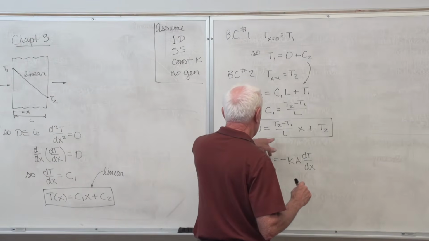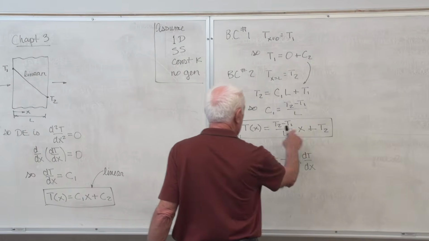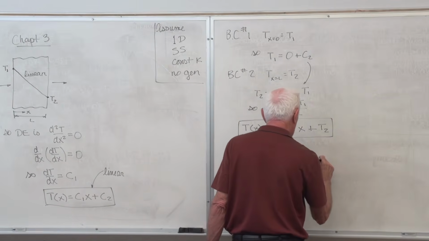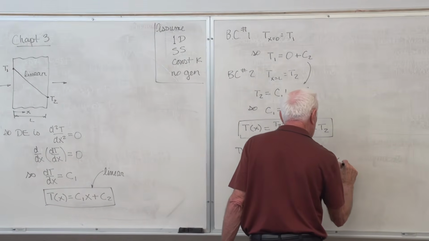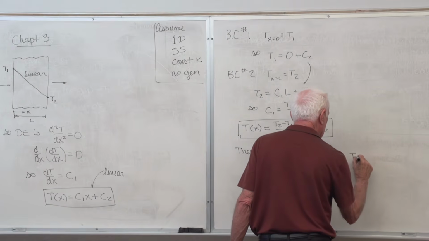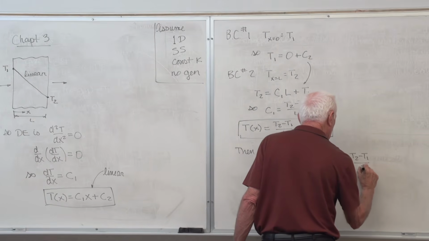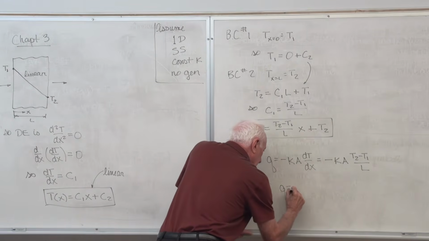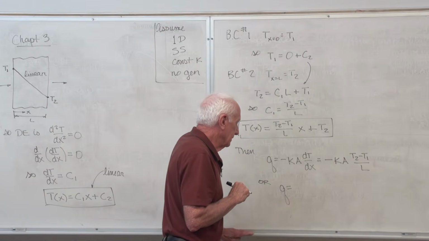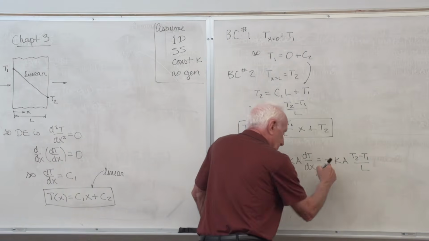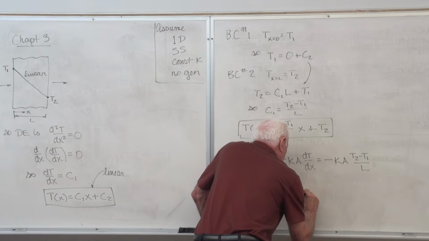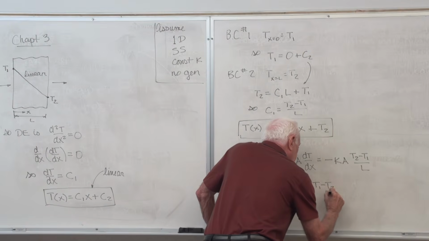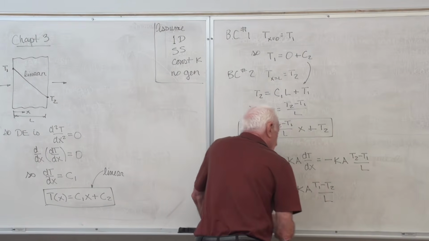So our temperature here, dT dx, is T2 minus T1 over L. Minus K A, T2 minus T1 over L. Our Q is equal to, I'm going to get rid of the minus sign, K A, T1 minus T2 over L. Okay.